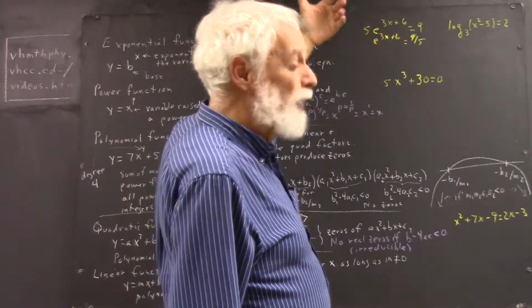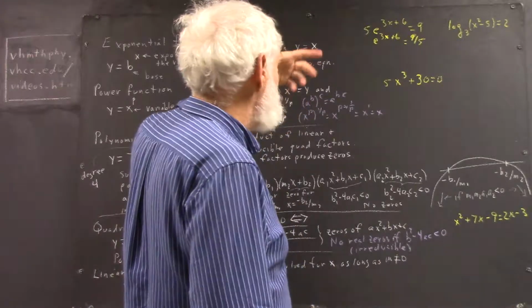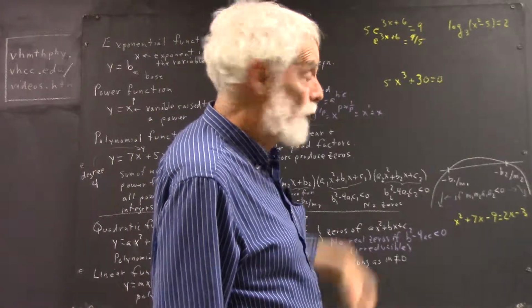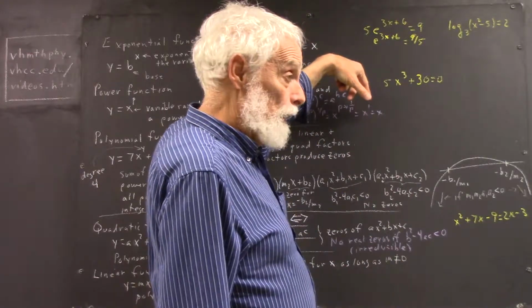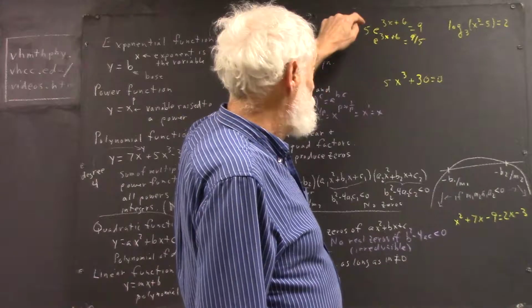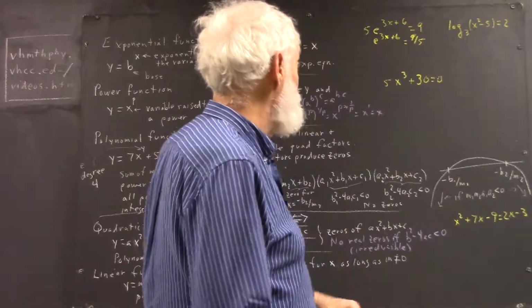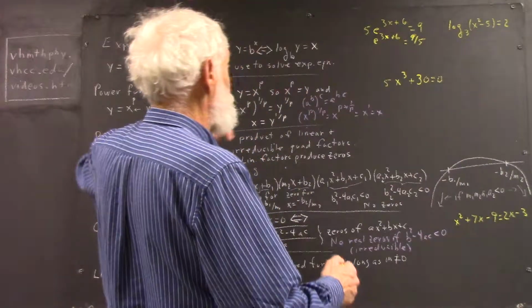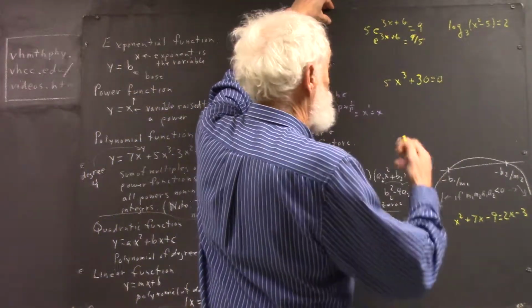We can't subtract 5 because it's not 5 plus the exponential, so subtracting 5 won't get rid of the 5. We divide by 5, and then it's going to give us 5 times this divided by 5, which is just 1 times this, which is this. Very common error. I still see it quite a bit.